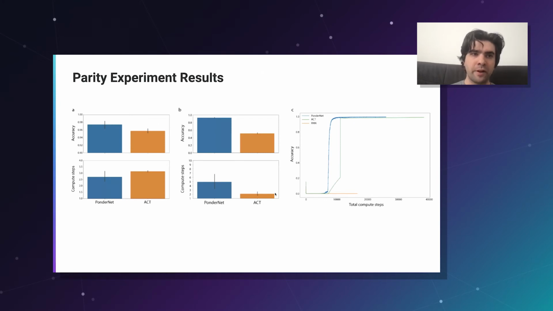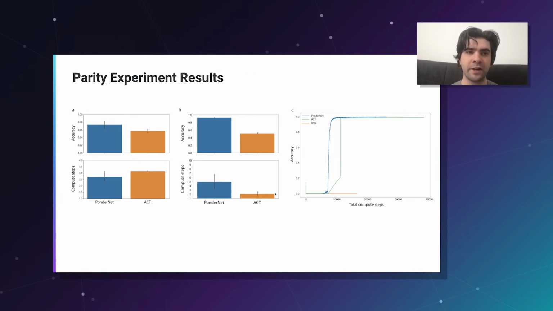So here we have some of the actual parity experiment results of PonderNet compared to ACT, which is that adaptive compute time network that we mentioned in the prior work. This breaks the parity experiment into 2 different experiments, essentially.